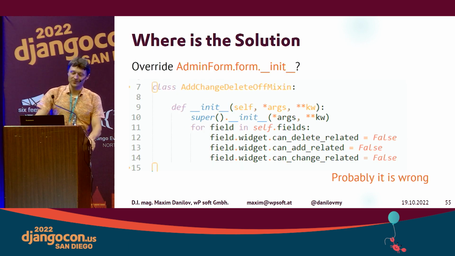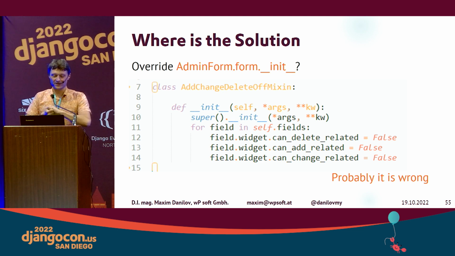In 2016, I tried a solution, and I put a loop through every field in the form, and I set deprecated attributes for every widget in the form, and somewhere it works, somewhere we don't need it, but probably it's wrong. If I have a form with more than 170 fields, it works really long. It's wrong. But you can find a Django battery which does the same.